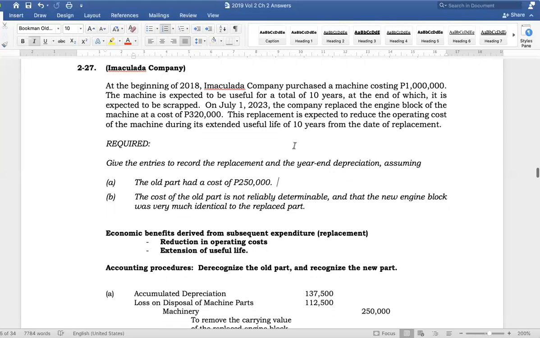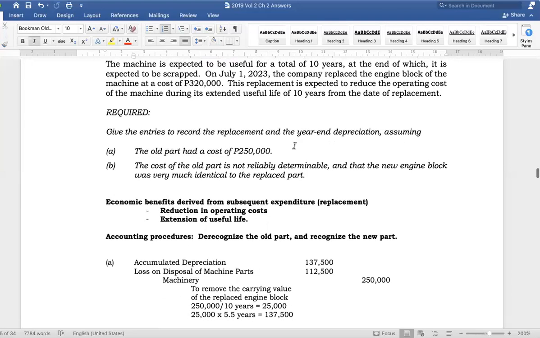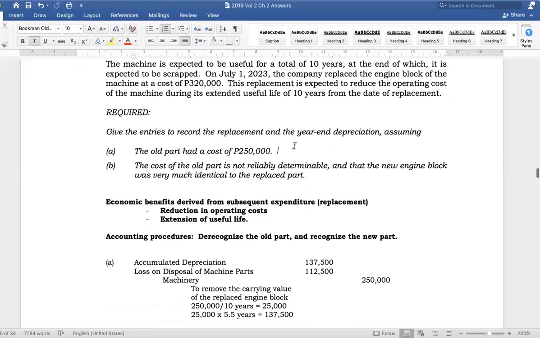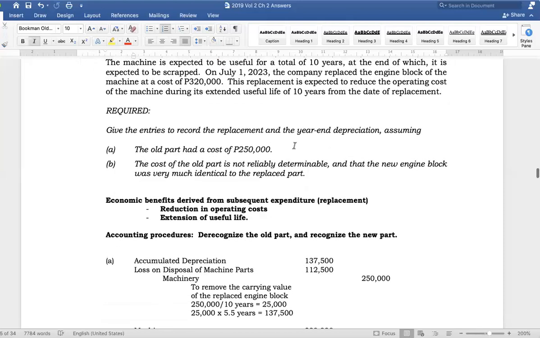That means therefore that the part was depreciated already 2018, 2019, 2020, 2021, 2022, and half of 2023. Therefore, it's for a total of 5.5 years.